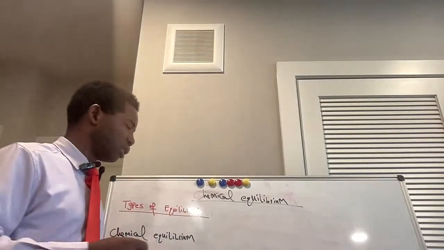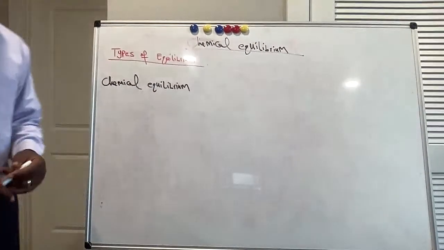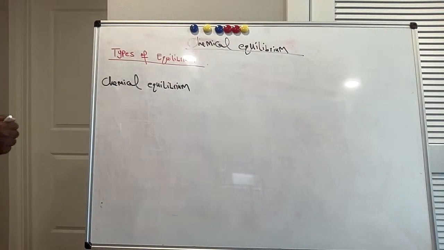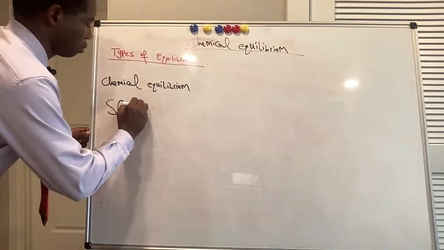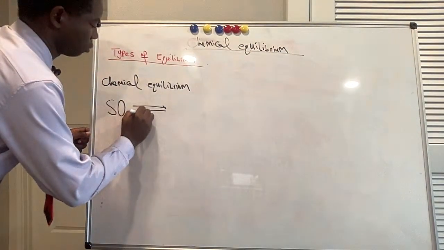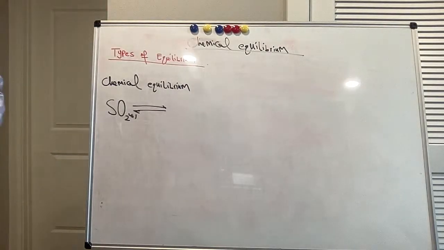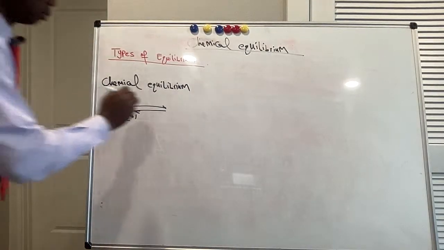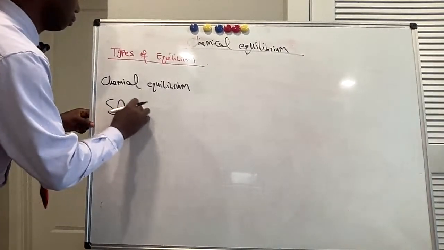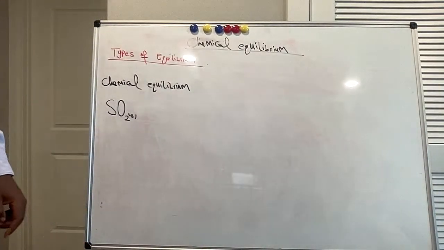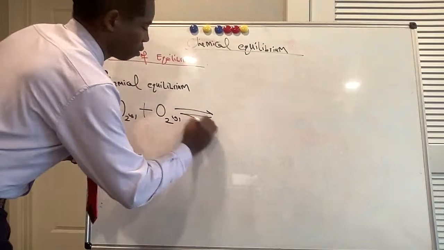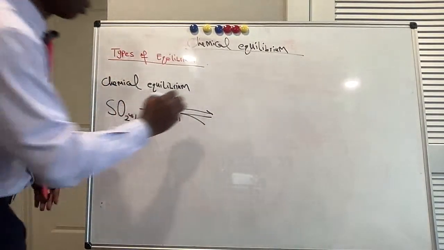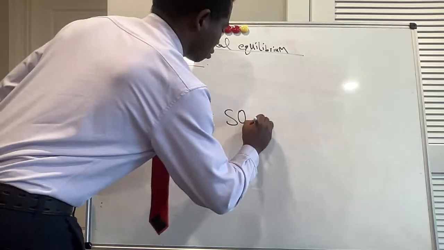Now we are going to go into details and look at chemical equilibrium very well. An example of a chemical equilibrium: when sulfur 4 oxide reacts with oxygen to give sulfur 6 oxide, a gas.